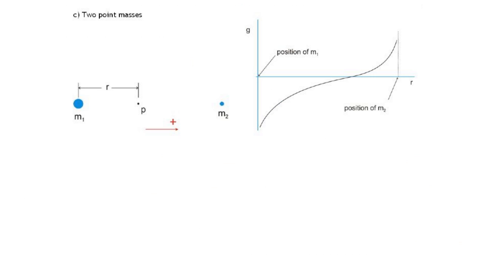Graphically, your field strength diagram looks like this. As you go from the surface of a planet towards that point P on the diagram previously, you follow a curved relationship down to 0, and then a curved relationship back to the second mass. Try and think why one of these is positive and one of these is negative.